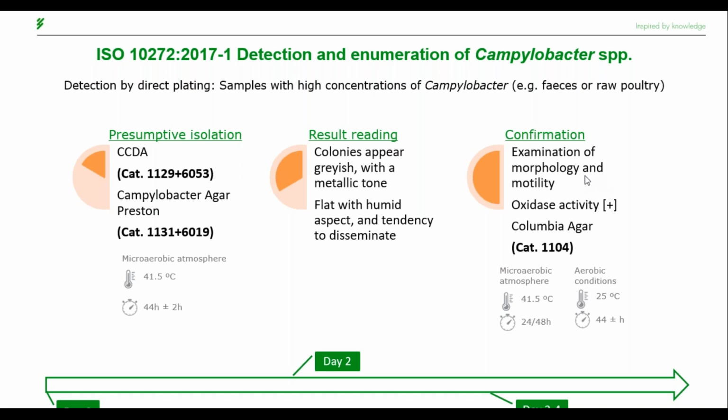Well, reference methods always indicate the CCDA as selective method, but other agar can be used. There we can find Karmali agar, that in the last review of the ISO was indicated as selective media. Another one is Butzler, for example.